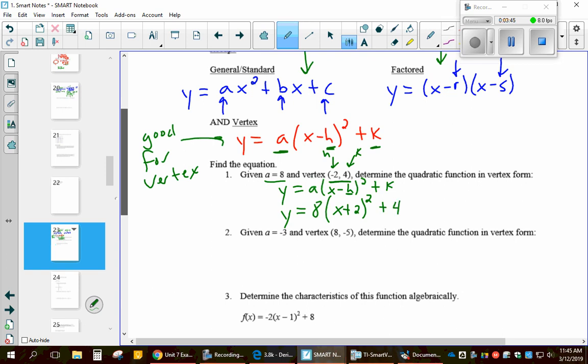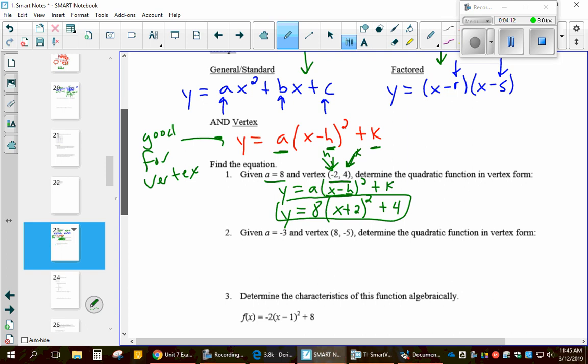How do you know which one to do? The x one goes with the x one, right? So this is the x value right there. So this will be the one that determines the x, and then the k value will be the y. It's that straightforward. You plug it in like that, right? So you have to be careful if a question gave you a vertex form and asked what's the vertex.